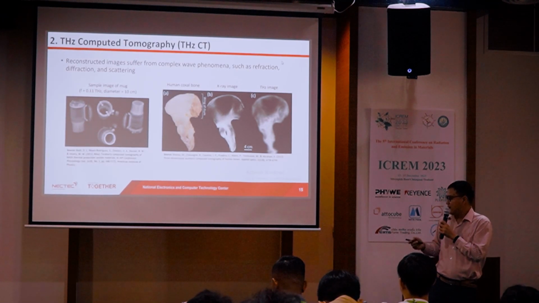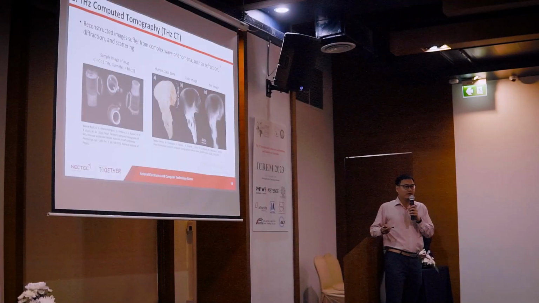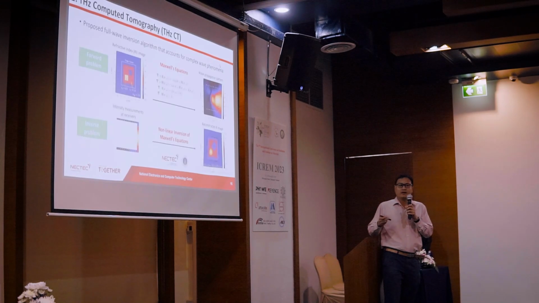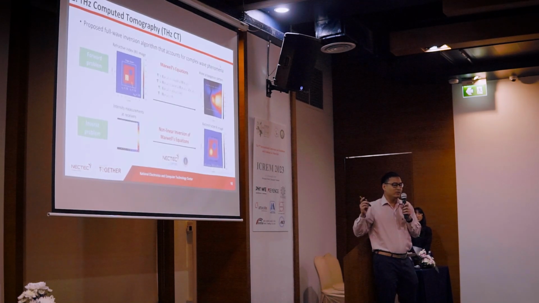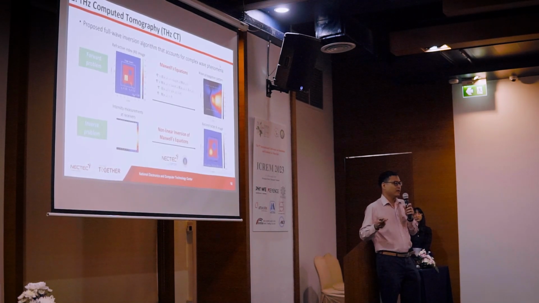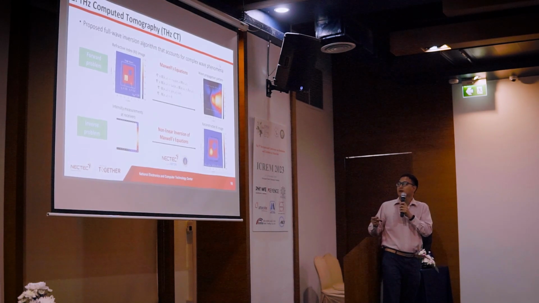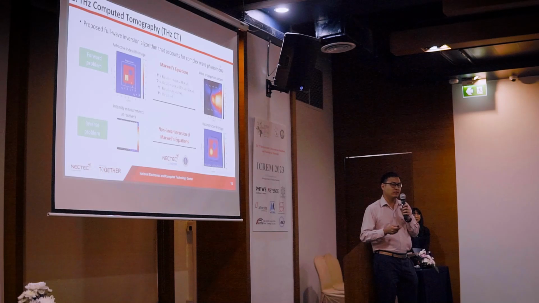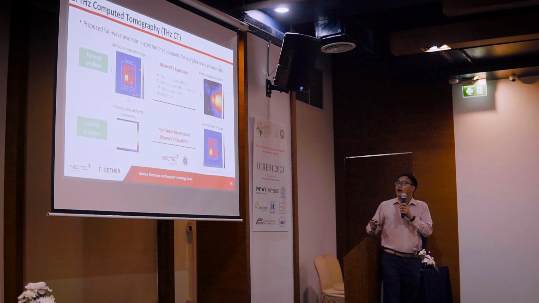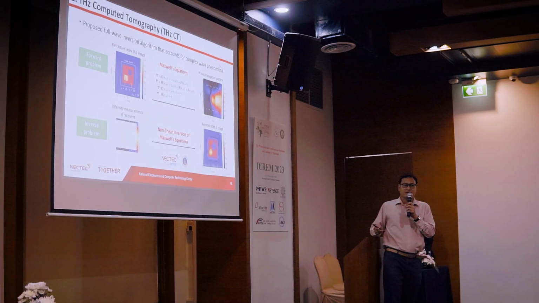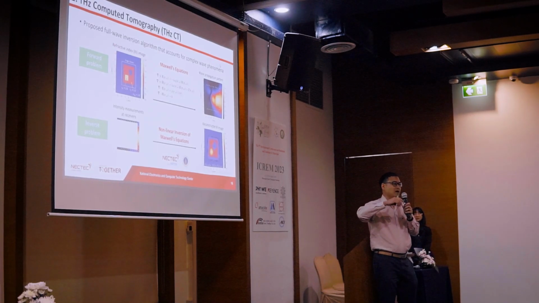So that's the reason why we have another idea to do the CT scan based on the knowledge of the full wave propagation. So what does it mean? Let's say we have the image that has different levels of refractive index.